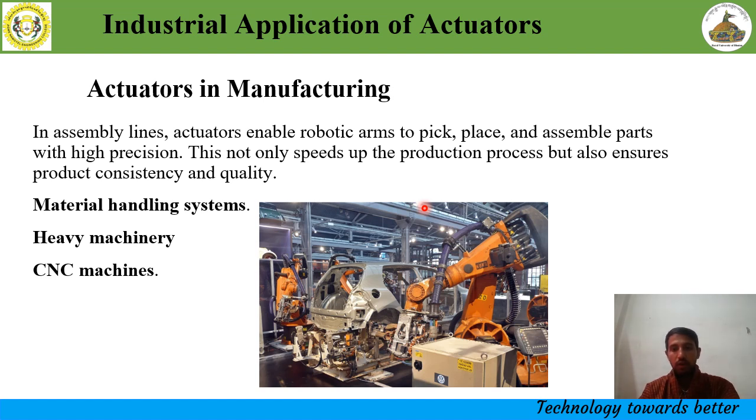Robots are also used for different operations, such as tightening nuts, painting car bodies, material handling, lifting heavy machinery, and CNC operations. So these actuators are very important in the manufacturing industries. As you can see in the image, the robot can do lots of tasks and reduces labor cost.